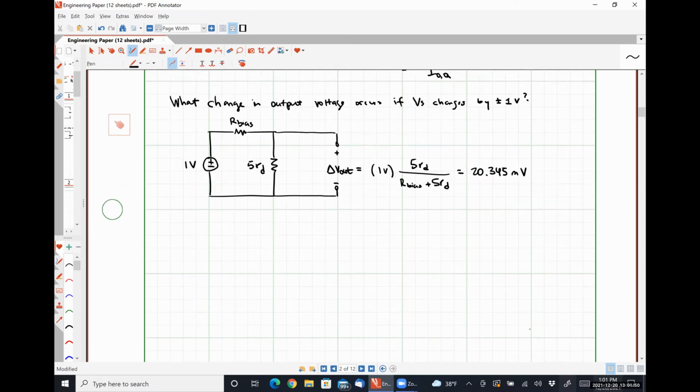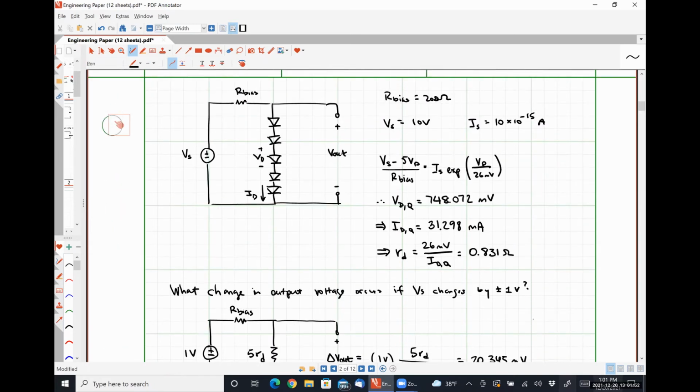If we put our load resistor of 1 kilo ohm right here, let's call this IR.